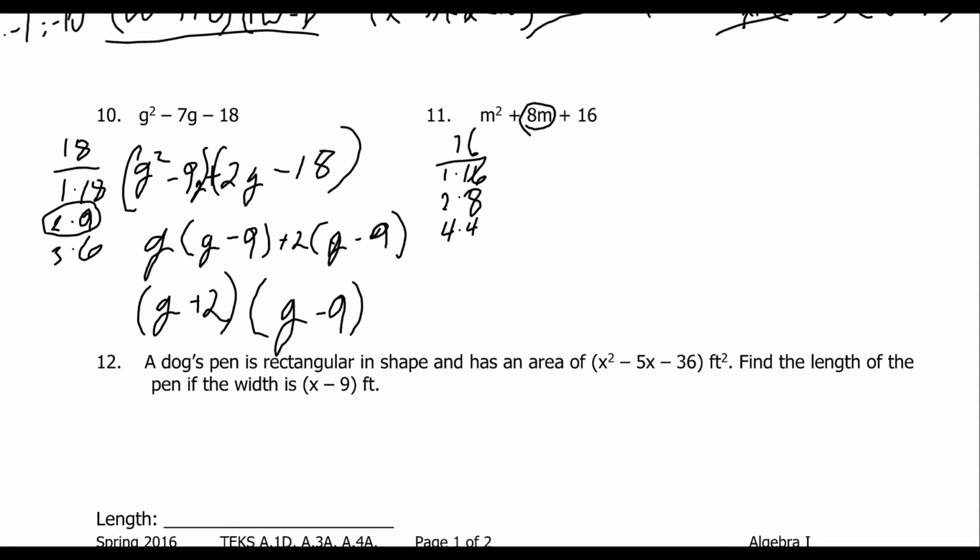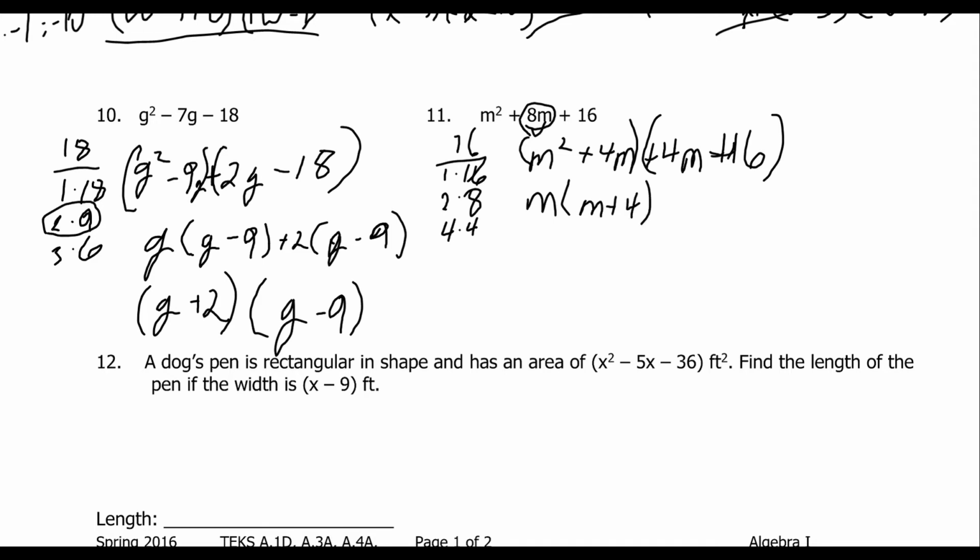We've got 8. Yay! So we've got m squared plus 4m plus 4m plus 16. And we're going to go ahead and draw our parentheses like that. It's going to be m on the outside of m plus 4. And then we're going to pull a plus 4 out here.